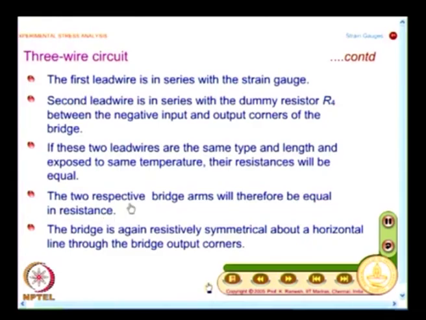And if you look at the bridge, it is again resistively symmetrical about a horizontal line through the bridge output corners. So, what we have achieved is, by connecting one more lead wire, we have intelligently reduced the desensitization of the gauge factor.